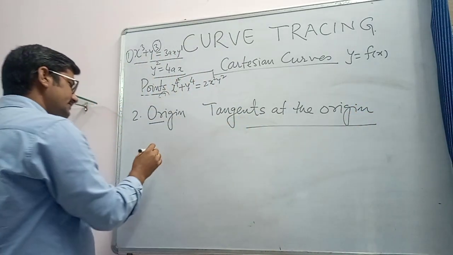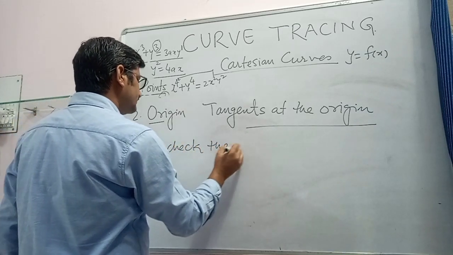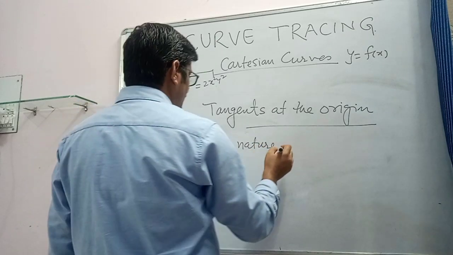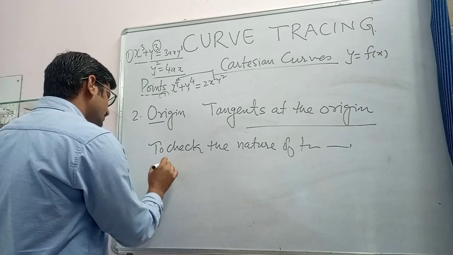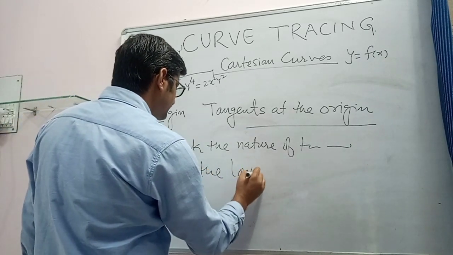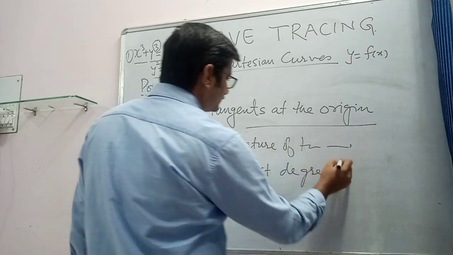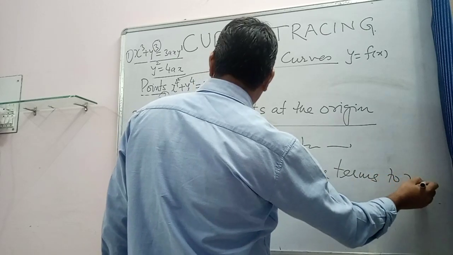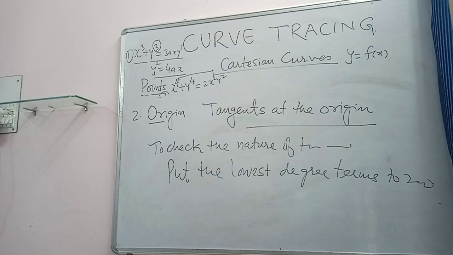So to check the nature of the tangents at the origin, we must put the lowest degree terms equal to 0.